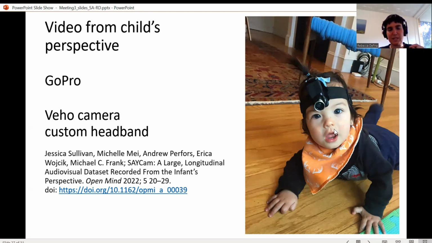So this is an image taken from their paper. This VHO camera attached to the child's head with a custom headband, and this then records 2 hours of audio and visual data from the child's perspective, which is another way to do it.